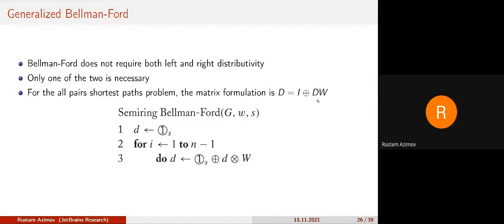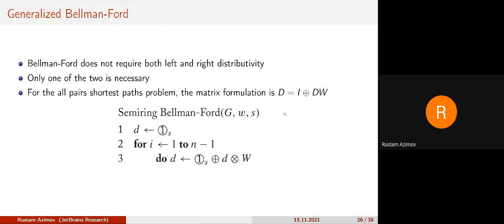Another classical algorithm that can also be viewed as a generalized semiring algorithm is Bellman-Ford, and here we can see how short it is. We use the plus operation for vectors and multiplication, vector-matrix multiplication.